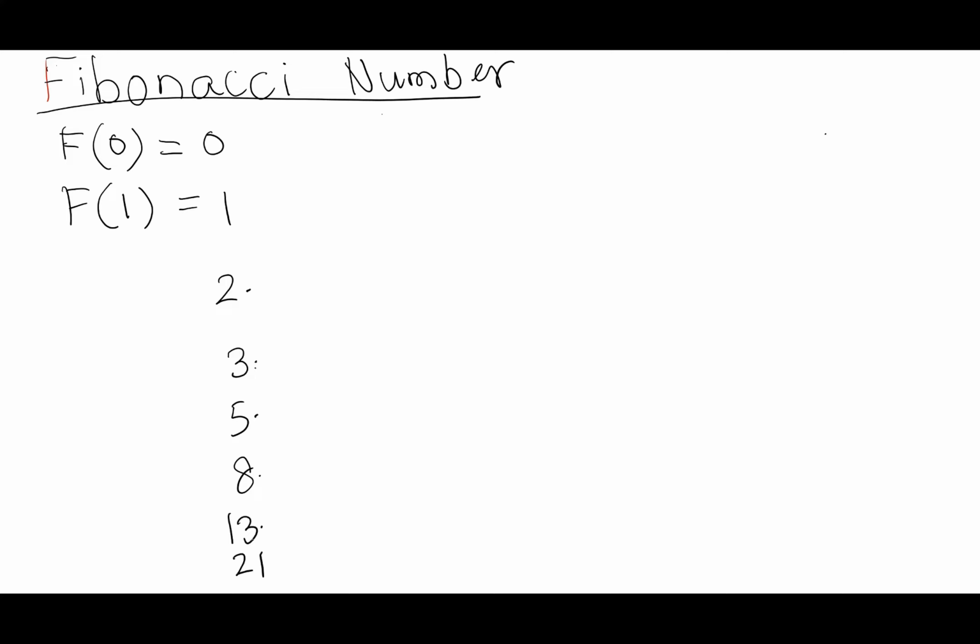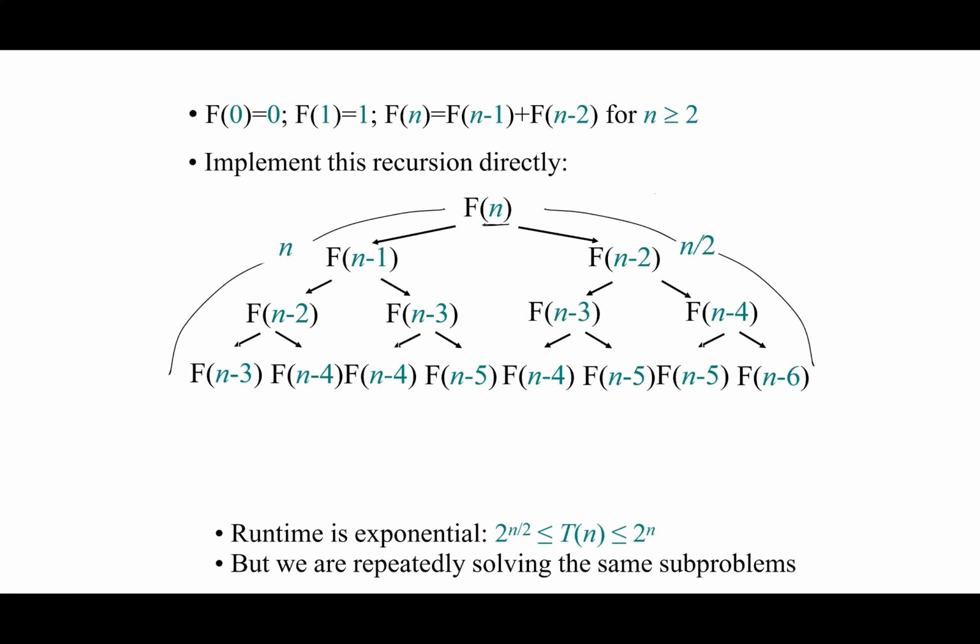Okay, so you see this can be defined recursively. So the 0th Fibonacci number is 0. The first Fibonacci number is 1. So we can define any, say, nth Fibonacci number as the summation of the (n minus 1)th Fibonacci number plus the (n minus 2)th Fibonacci number if n is greater than or equal to 2.